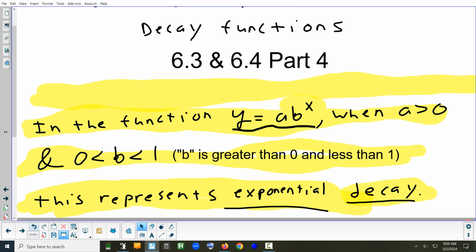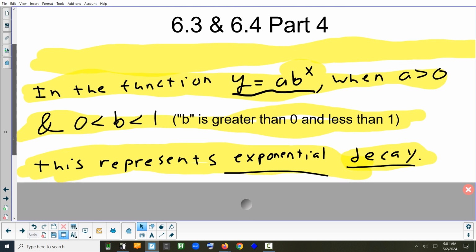You'll need to fill that in. So in the function y equals AB to the x, if the B value is greater than 0 and less than 1, like 0.6 or something like that, then that is exponential decay.